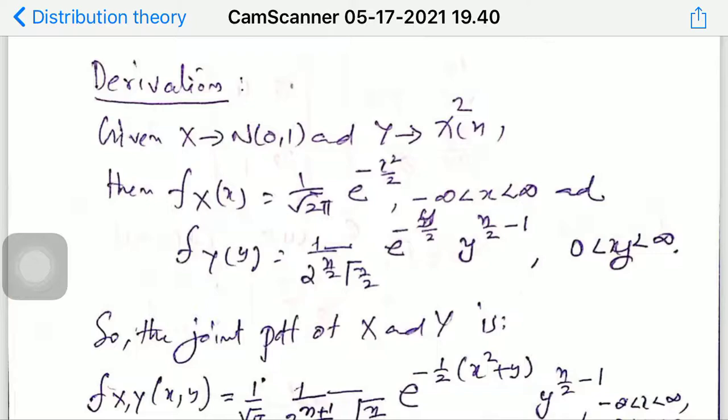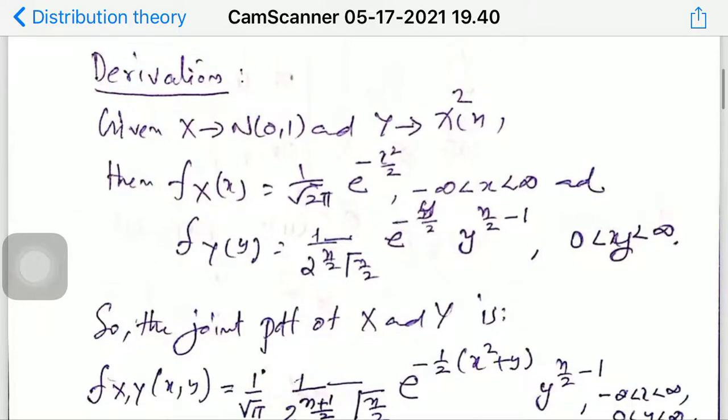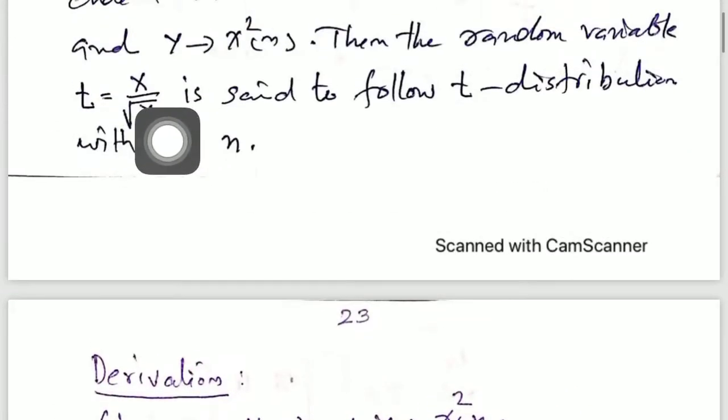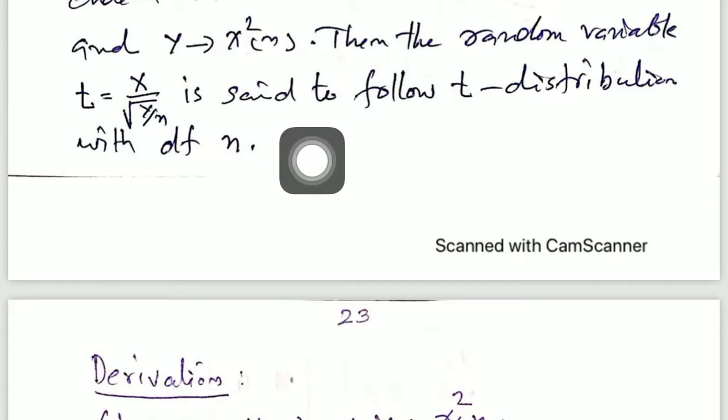You may please recall the procedure of finding the distribution of a function of a random variable. Here t equal to x by root of y by n is a function of x and y, and you can find another function of x and y.